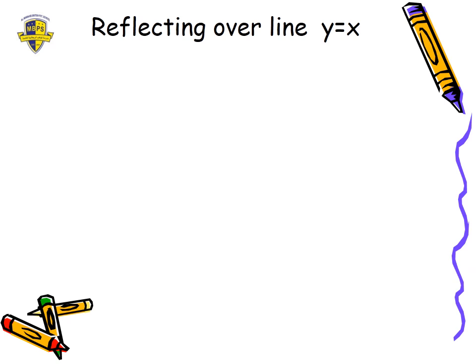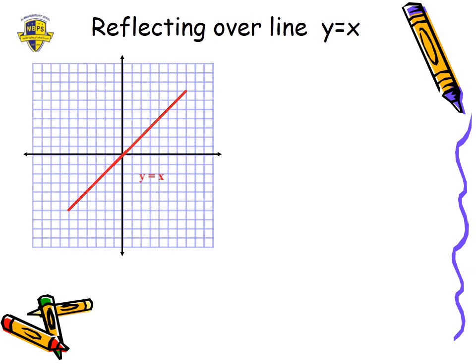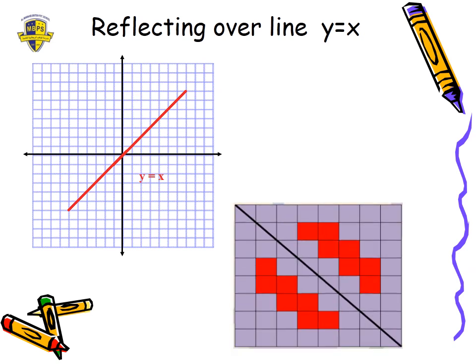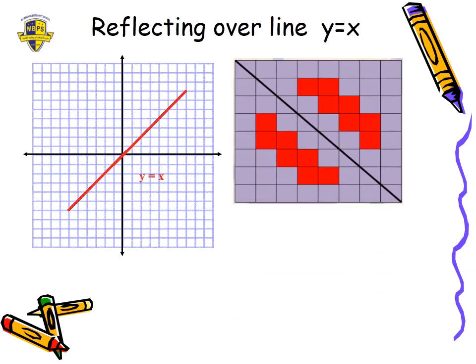Now the third type of reflection, this is over the line y equals x. So what is this line? This is the line y equals x. See how this line can act as a mirror, like this one.